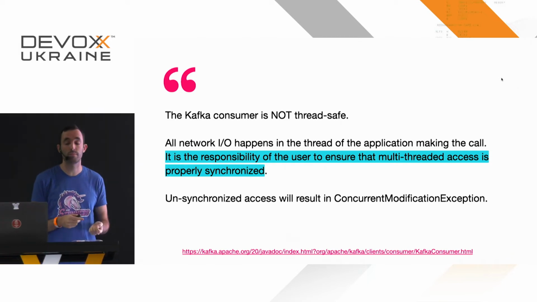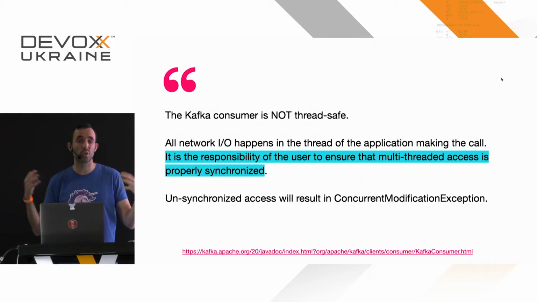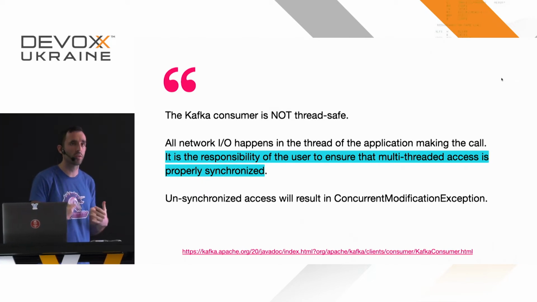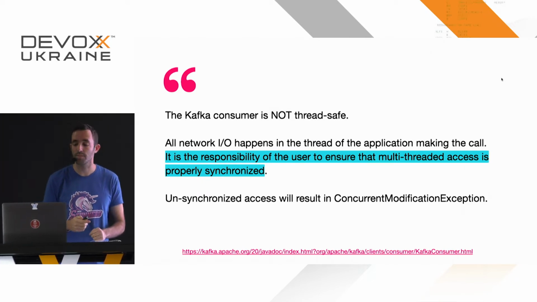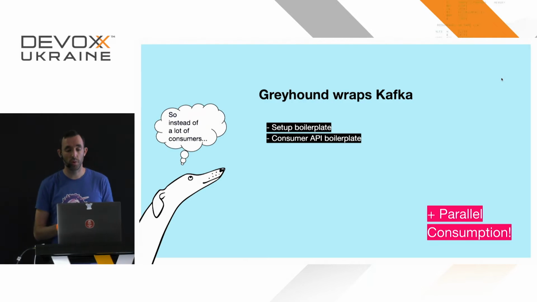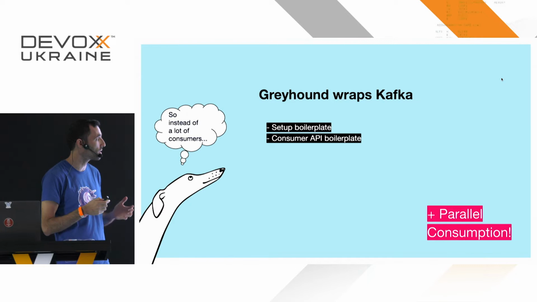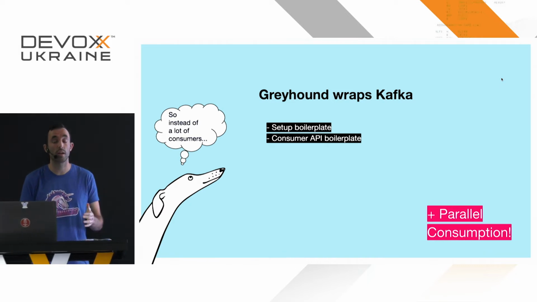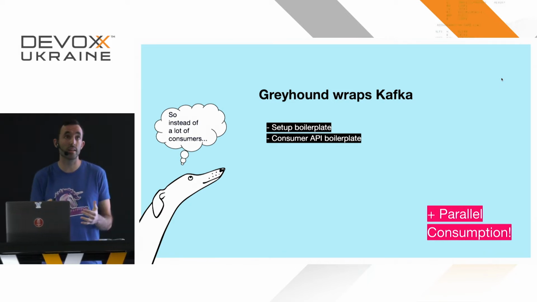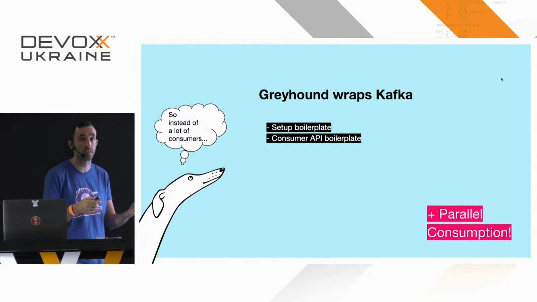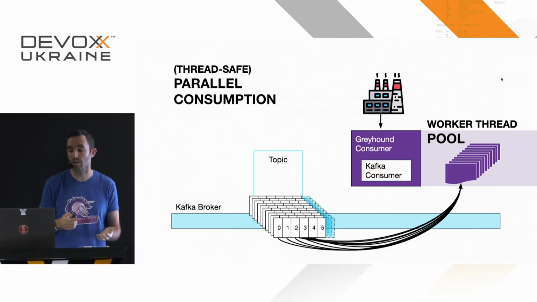Maybe another way to go about this is just to create more Kafka consumers, but then you end up using more resources than you want. So the approach that Wix took is to have the Greyhound consumer let the user decide the degree of parallelism that he wants these lambda functions to operate on in parallel.